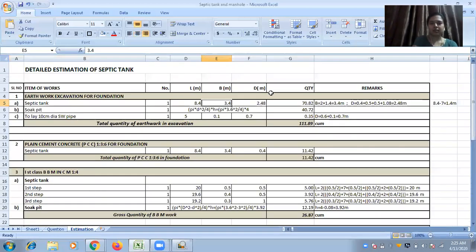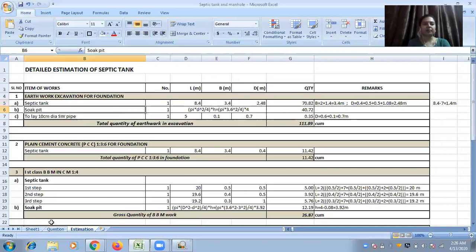That is B is equal to 2 plus 1.4, that is 3.4 meters. So this will give you the total quantity for septic tank 8.4, 3.4 and 2.48. That product will be 70.82 cubic meter.